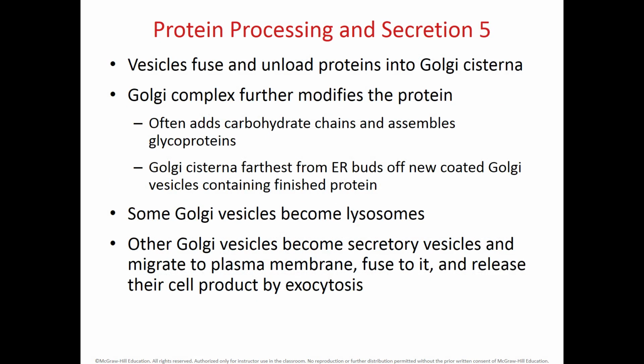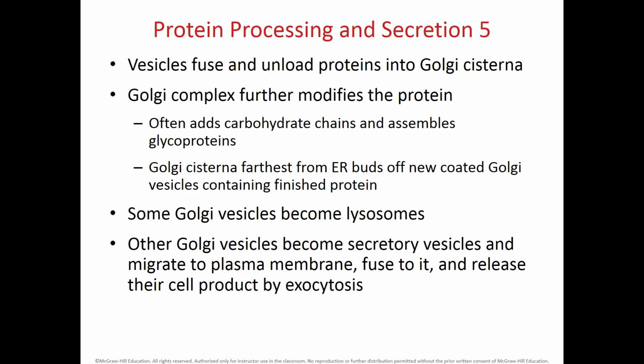Now, once the vesicle coming from the ER reaches the Golgi apparatus, it will unload the proteins into the channels of the Golgi apparatus. The Golgi will then modify the protein further by adding carbohydrate chains. As it does that, the glycoproteins are transferred from certain areas of the Golgi into others, the ones farthest from the ER, and then you end up with a finished protein.